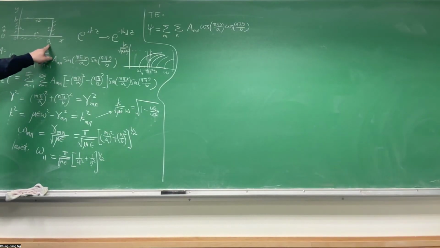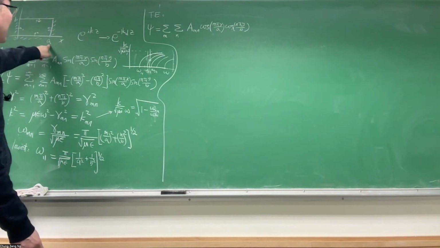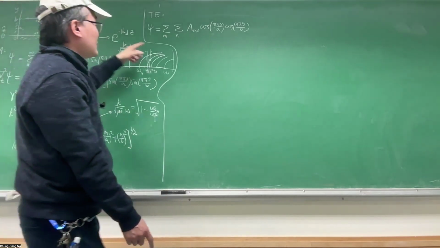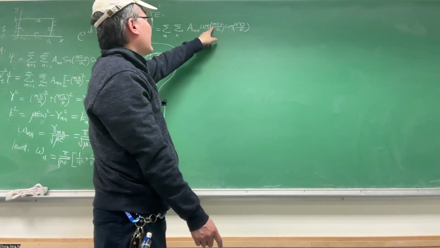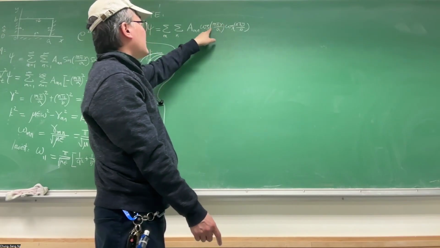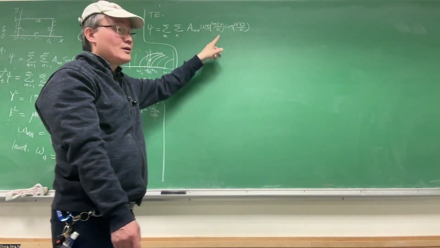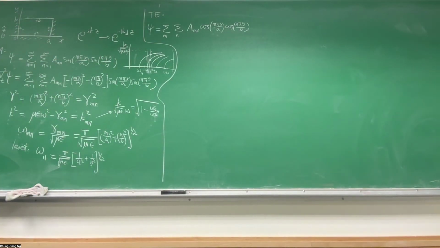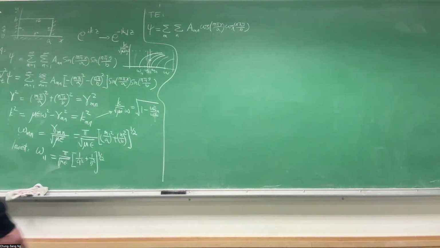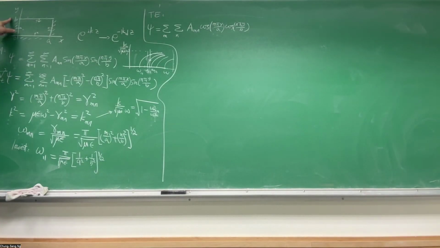Likewise, at x equals a, n is minus x, right? So you take the derivative, still the derivative of x, so you still have the sine term, sine m pi. At x equals a, the a cancels, so the sine m pi is 0 for all integers, so that means that it's 0. Likewise, you use this cosine term to satisfy the boundary condition at y equals 0 and y equals b. Okay, so this is the correct form to satisfy the boundary condition.